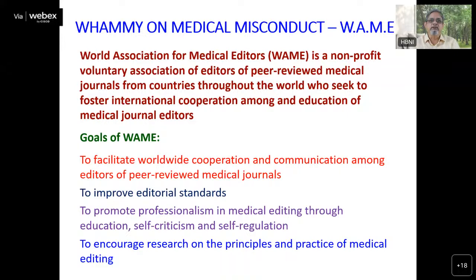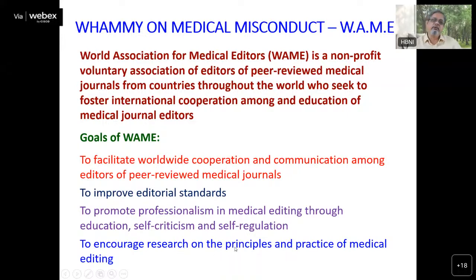So again, their goals are quite clear: they facilitate worldwide cooperation and communication among editors. Then they try to improve the editorial standards, and they try to promote professionalism in medical editing through self-regulation, self-criticism, and basically education.